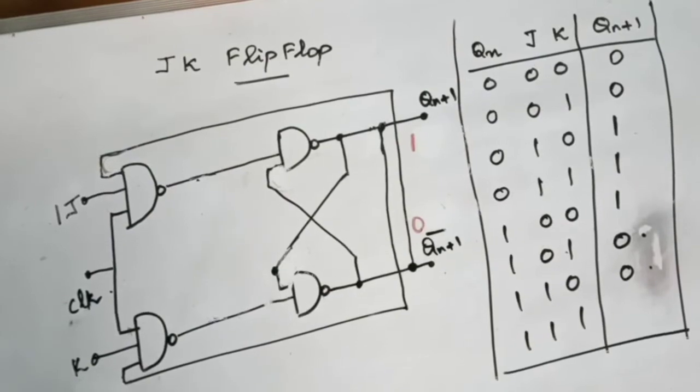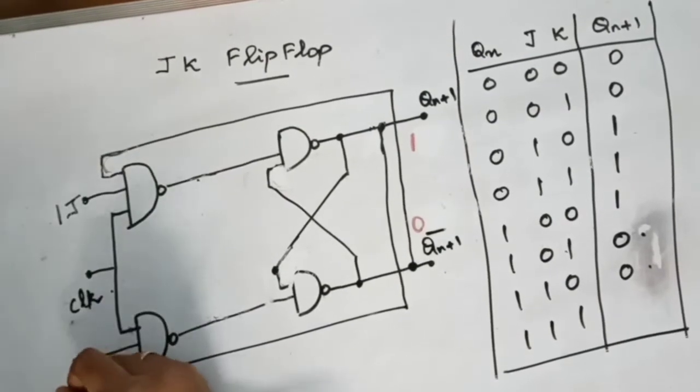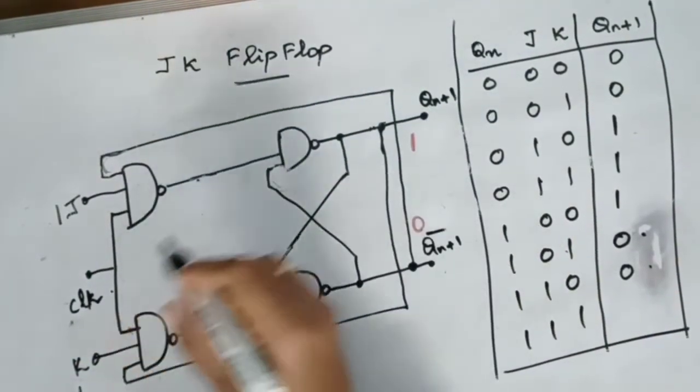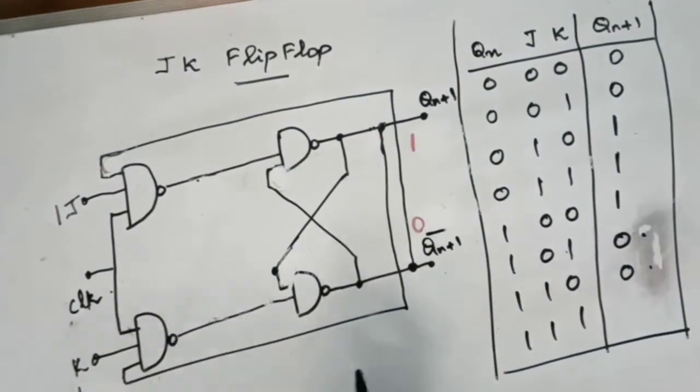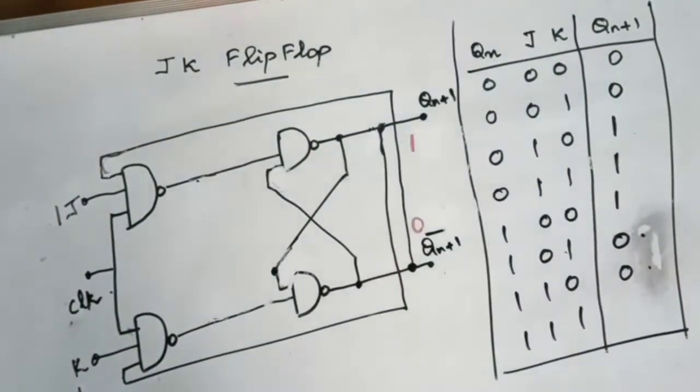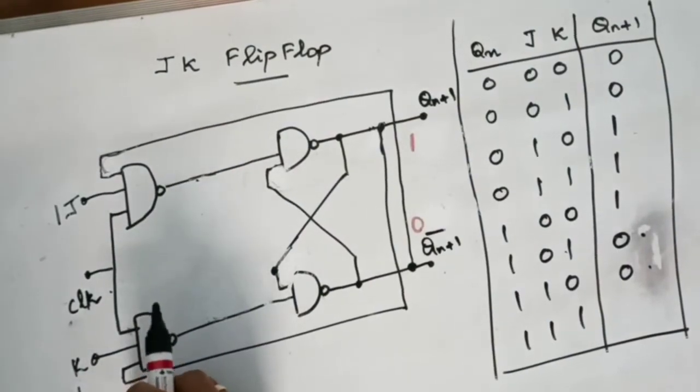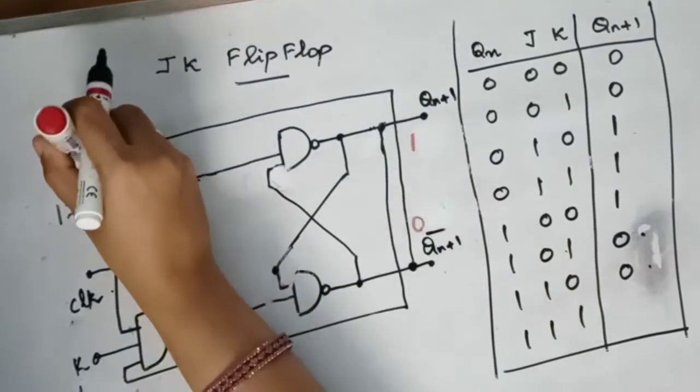K becomes J1 K1. So since all are ones here, you need to know the third input. So third input is 1 and here it's a 0.